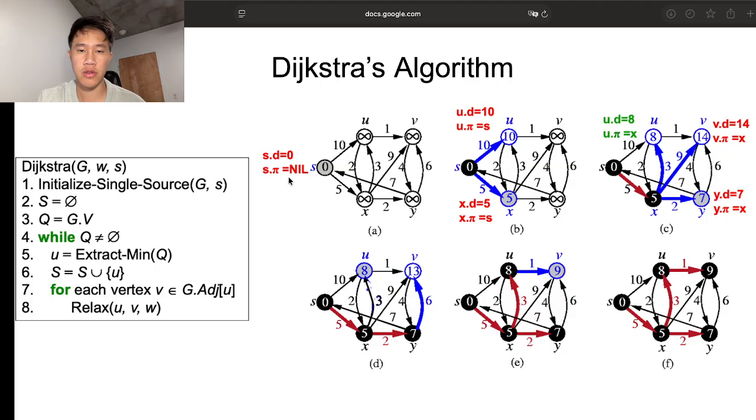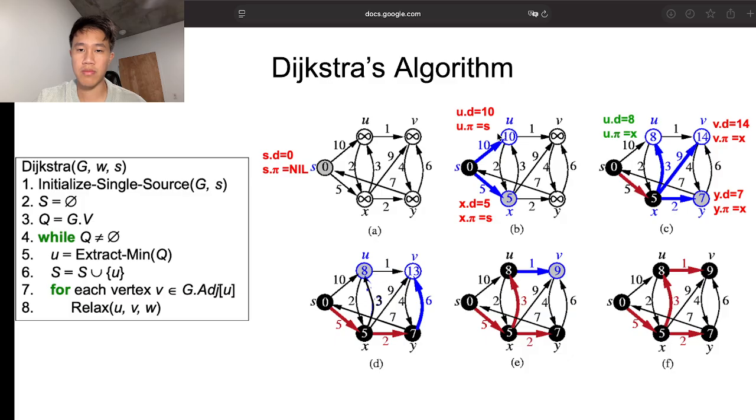So first, we're going to initialize the entire graph by assigning each node the value of infinity. In this way, we're going to get our work done more easily. First, for the source node, we're going to assign the value of 0 since the distance of the source to itself is 0.